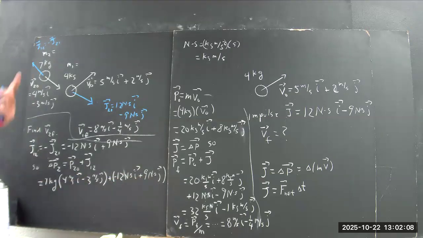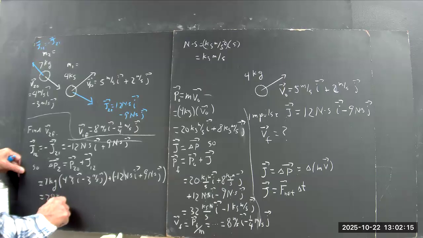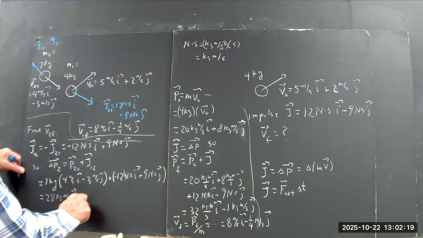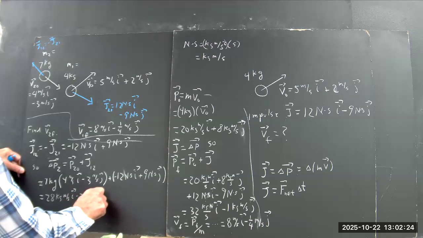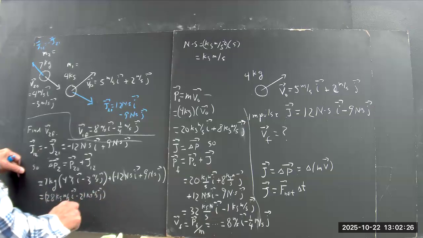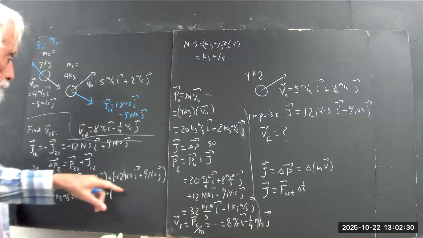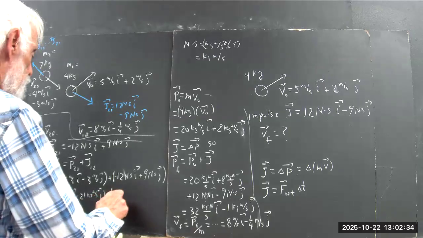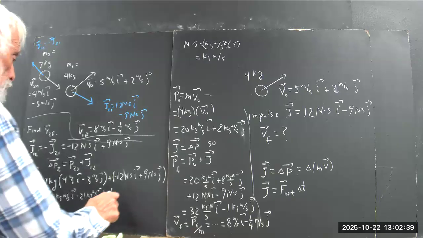When we multiply this out, we get 28 kilogram meters per second times I minus 21 kilogram meters per second times the J unit vector. And now I'll make use of the fact we've already determined that the Newton second is the same as a kilogram meter per second.